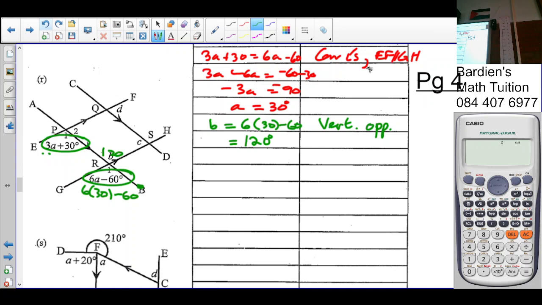What's 90 plus 30? Also 120. So why can't you understand that this is going to be 120? A is 30. Not the angle. You understand? Right. Yes, Michael? Okay. So that's 120. So what can be calculated now?